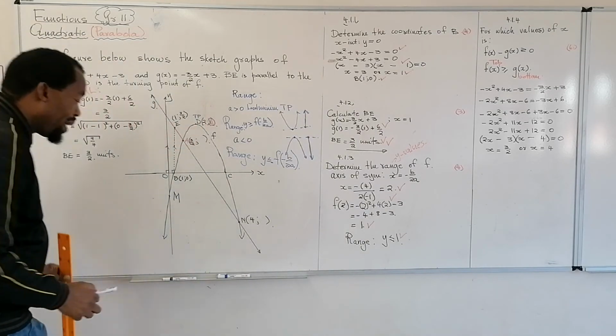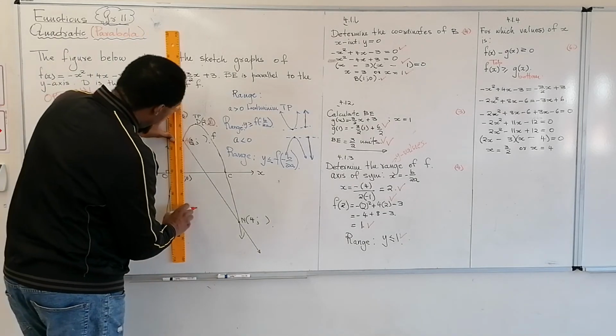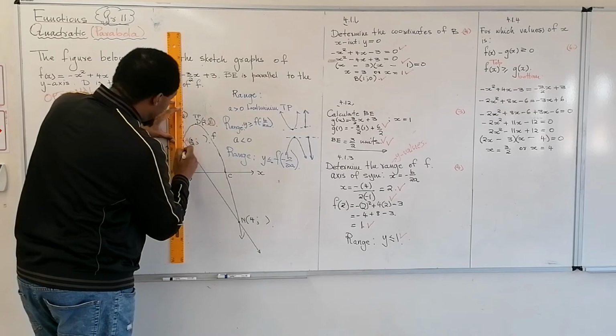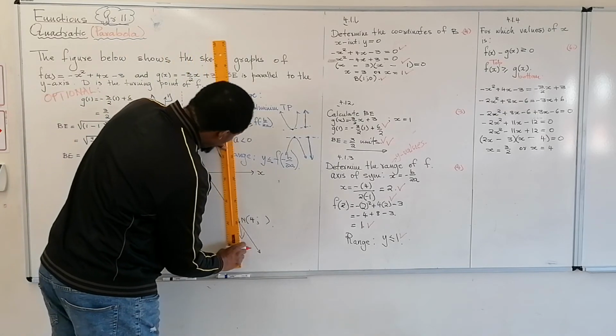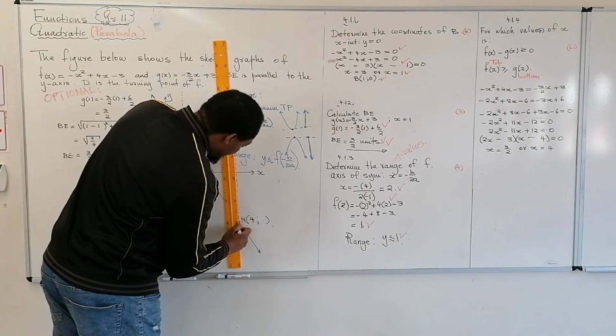I go to my 2 graphs and say, you two are equal here. Therefore, I slice them. And you are also equal here. I slice them.